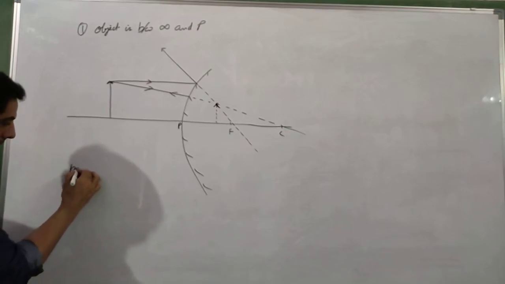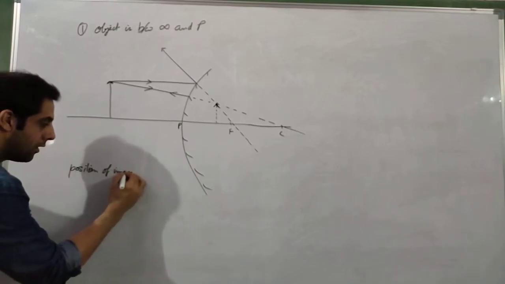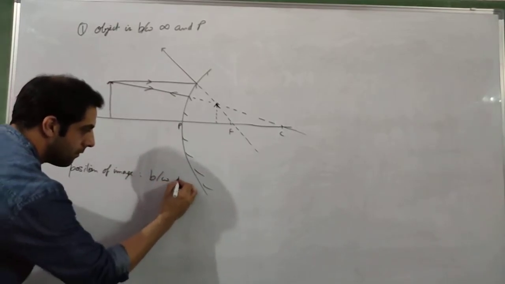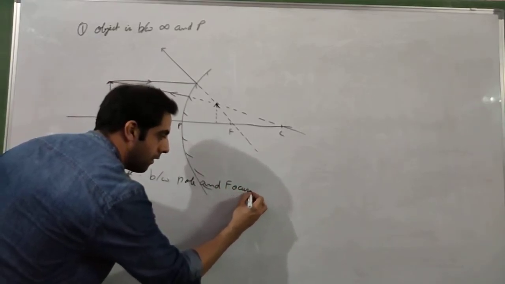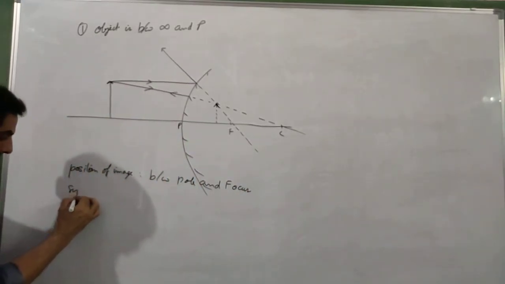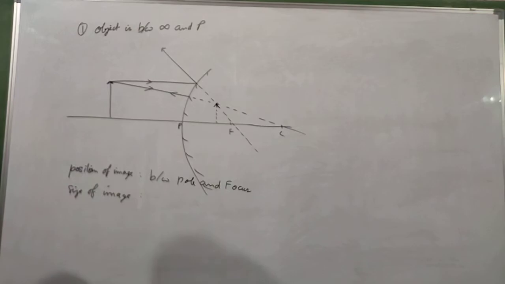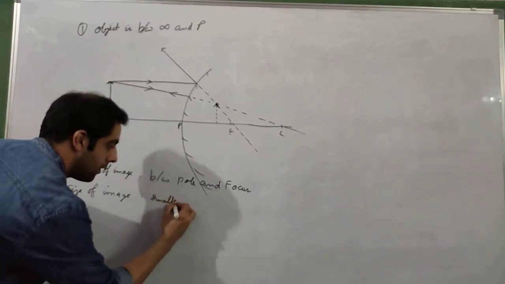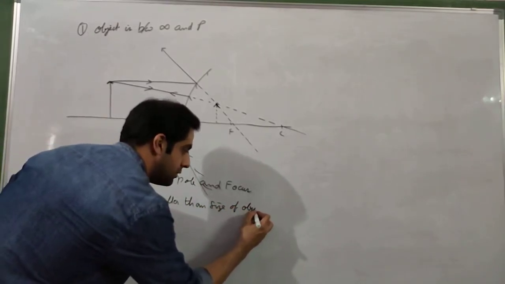First is position of image. The position of image is between pole and focus. Size of image: you can easily see that the image size is lesser than the object size, so we can say smaller than the size of object.